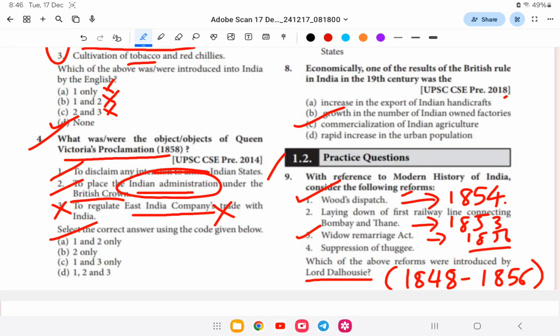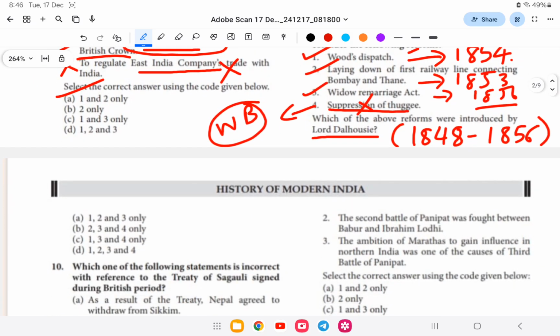So 1, 2 and 3 are correct. Suppression of thugi was not under Lord Dalhousie, it was under Lord William Bentinck. So 4 is wrong. That is, 1, 2 and 3 is the correct answer, option number A.